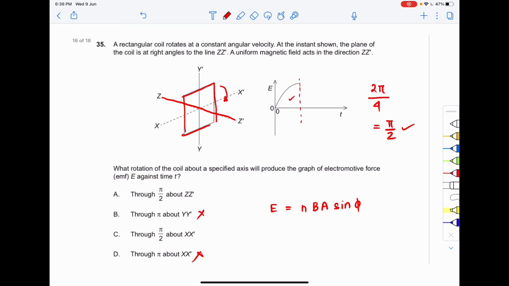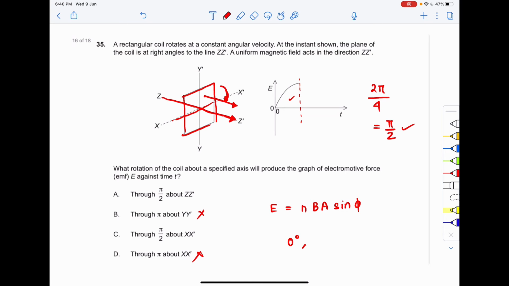So when it is rotated about the ZZ axis, what happens? It's rotated in this manner, right? Initially, what is the angle between the area vector and the magnetic field? The area vector always points outwards and the magnetic field is also in the ZZ direction, right? So the initial angle is 0 degrees.